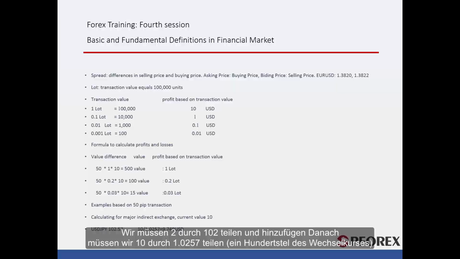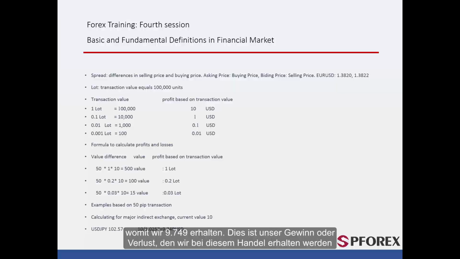So we must divide 2 by 102 to get 0.02, which will add to it. We must then divide 10 by 1.257, which is 100th of the exchange rate, to give us 9.749, which is the amount of profit or loss we will make on exchanging these currencies.